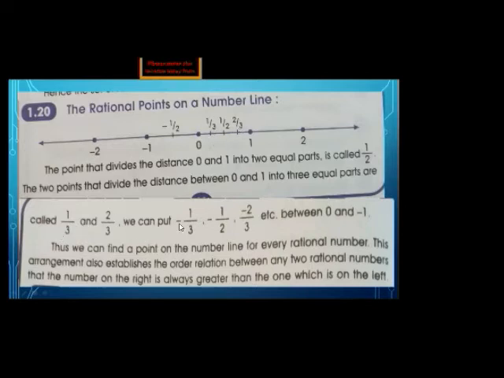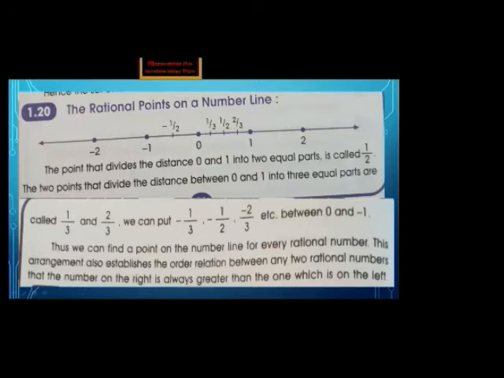We can put -1 upon 3, -1 upon 2 and -2 upon 3, etc. between 0 and -1. On the left hand side from 0 to -1, we can put -1 upon 3, -1 upon 2 and -2 upon 3 according to the same understanding. Thus, we can find a point on the number line for every rational number.